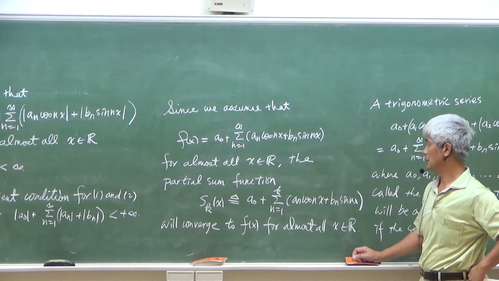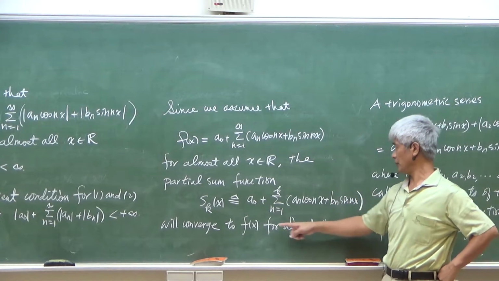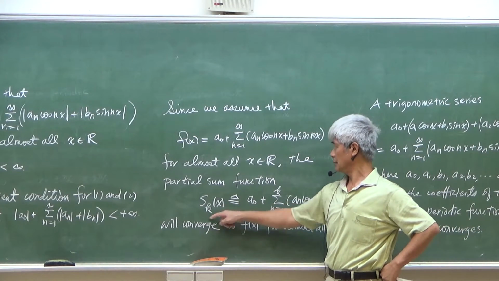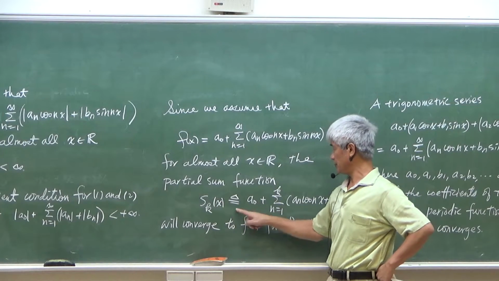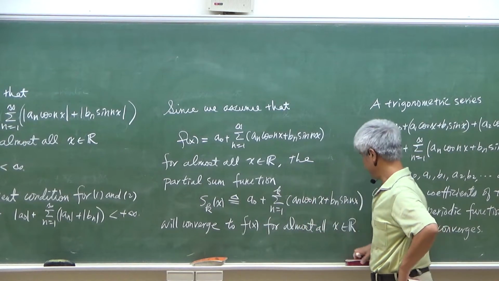Okay. So the convergence is pointwise. For each fixed point x, s_k of x will approach f of x as k goes to infinity. Okay.